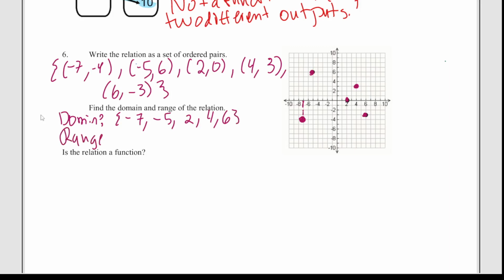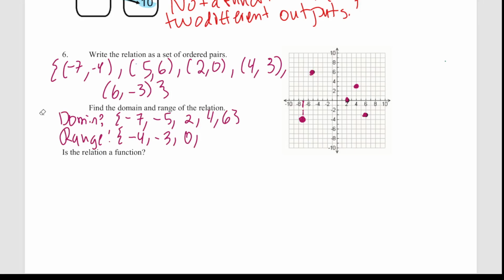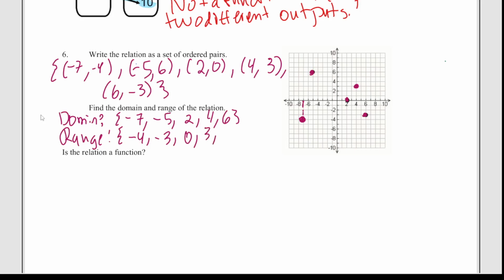My range, listing from smallest to largest, would be -4, -3, 0, 3, and 6. So those are all the elements of the range.